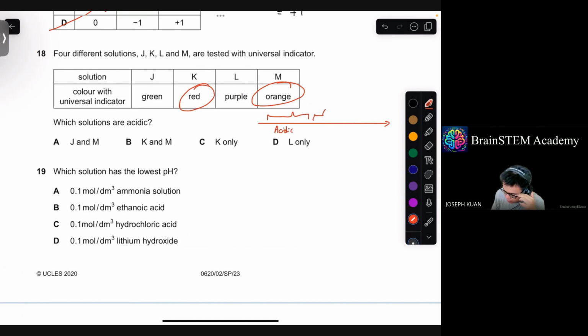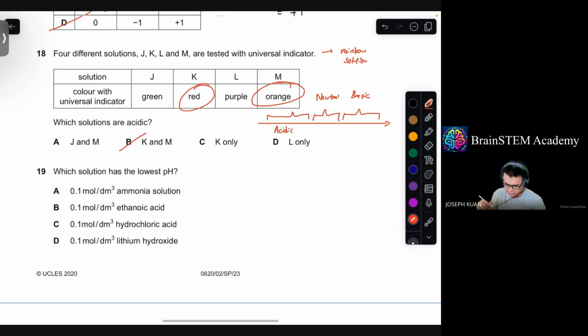And then in the middle, it's neutral. And at the end, it's basic. So just remember, universal indicator is what we call a rainbow solution. Okay, so the answer is B. Red and orange are belonging to the acidic part. All right, that's the answer for question 18.